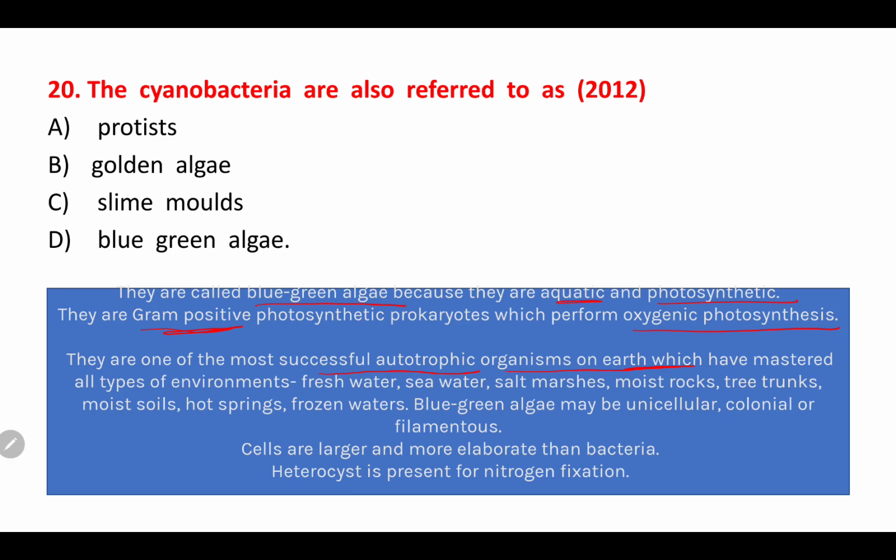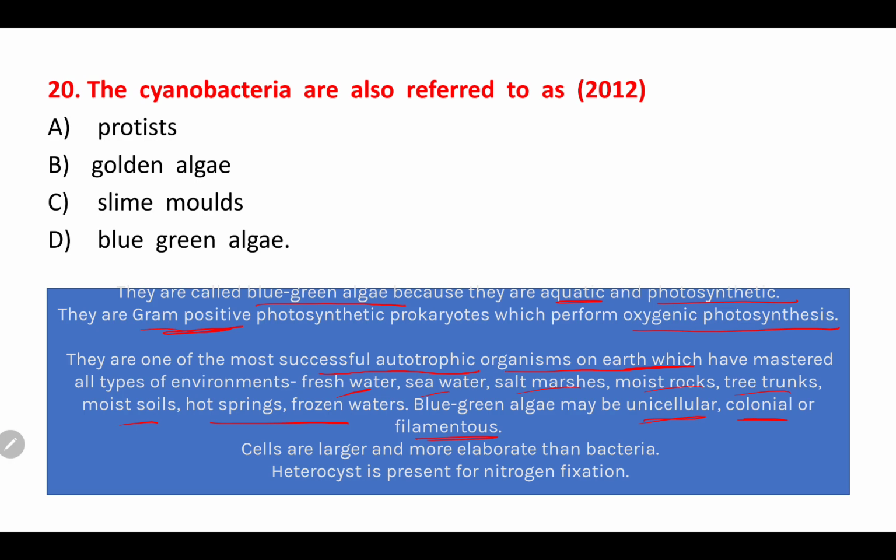Okay, and you can see them in all types of environments such as fresh water, sea water, salty areas, moist rocks, tree trunks, moist soils, hot springs, even in frozen waters. This blue-green algae may be unicellular, colonial, that means they occur in colonies, or it may be filamentous or tube-like.